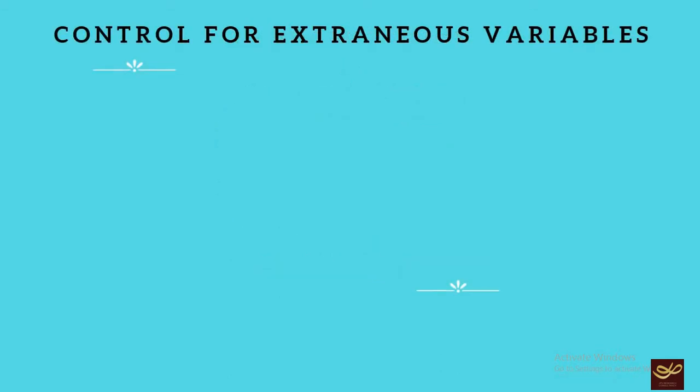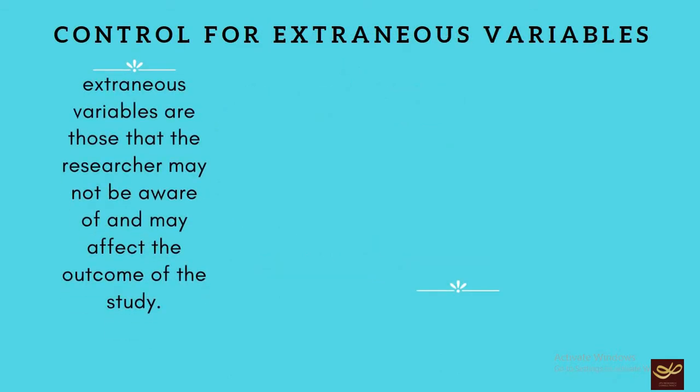An extraneous variable refers to the variable that the researcher may not be aware of. Meaning, during the literature review, the researcher was not able to encounter that this variable would actually affect the outcome of the study. And so, he was not able to control for it.